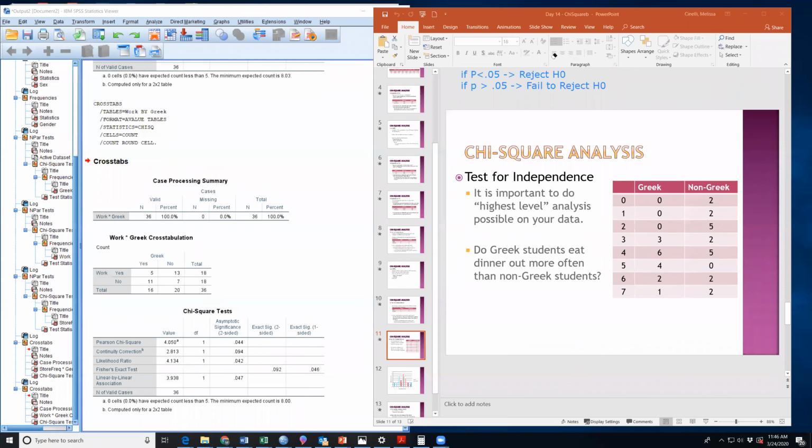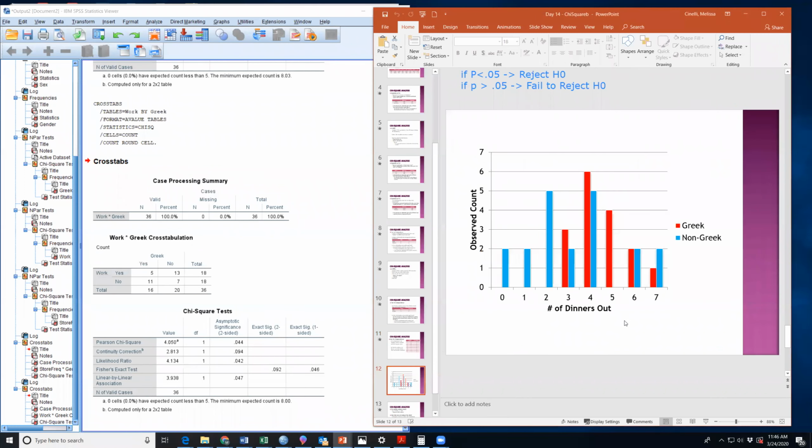So instead of looking at this table, we can put this as a clustered bar chart. The blue bars are the frequency count. The y-axis represents how many people answered each of these possible answers that's on the x-axis. Blue represents the non-Greek students, red represents the Greek students.